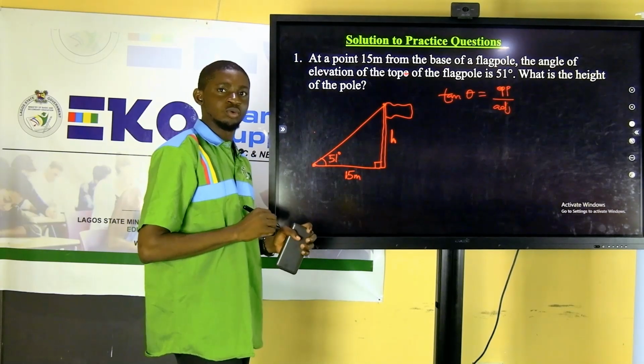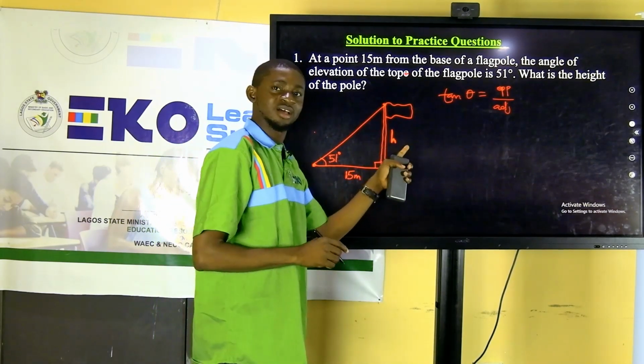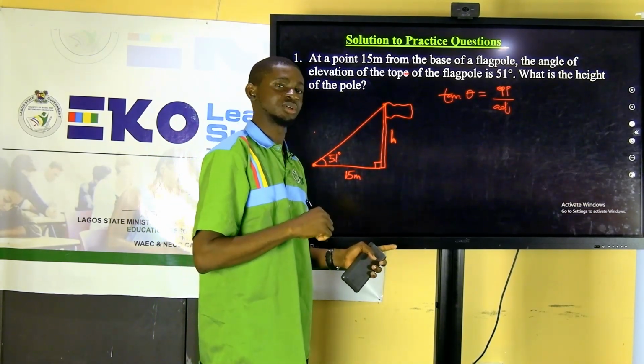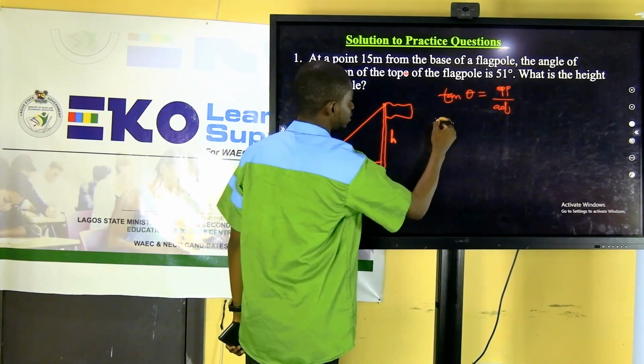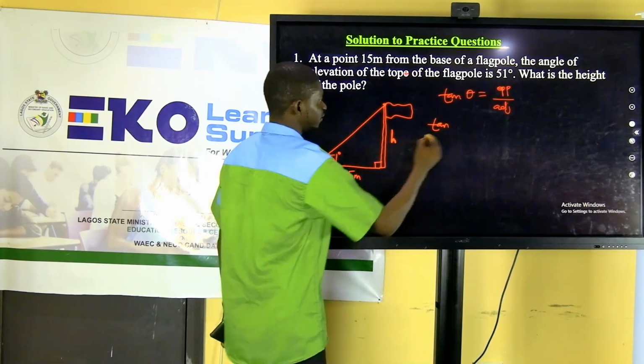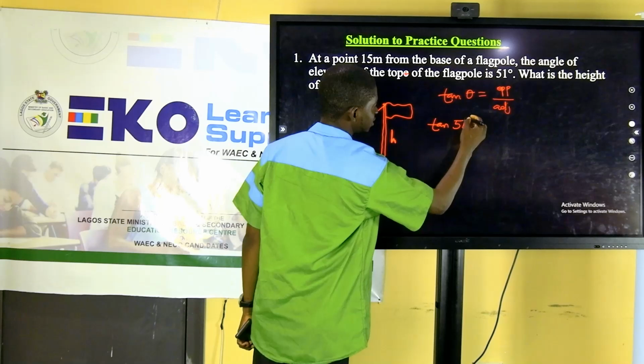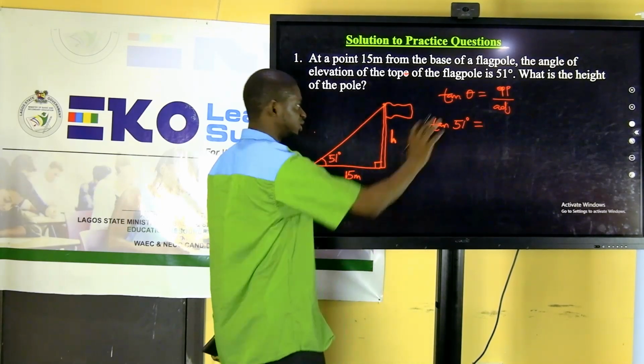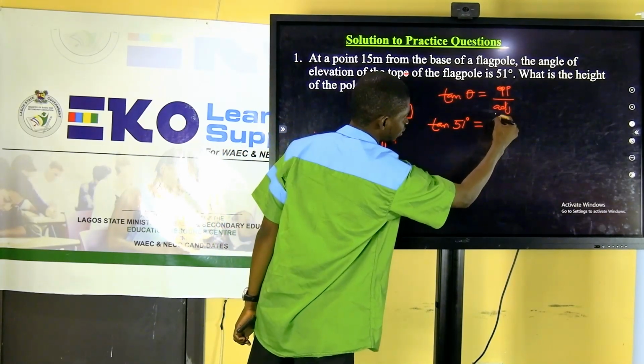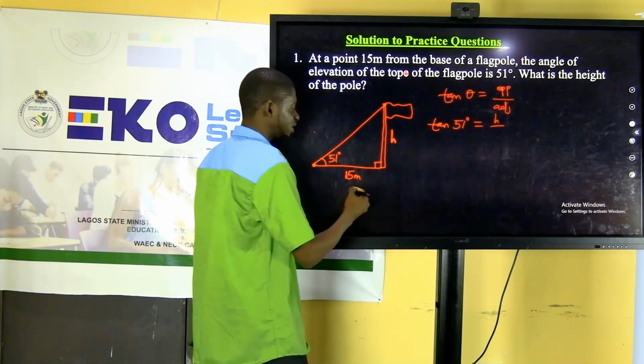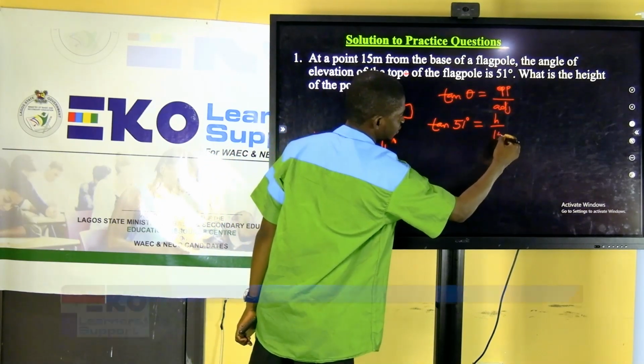For WAEC and NECO, do not toy with the formula. Write the formula first before substitution. So tan 51 degrees equals the opposite, which is the height that we are looking for, divided by the adjacent, which is 15 meters.